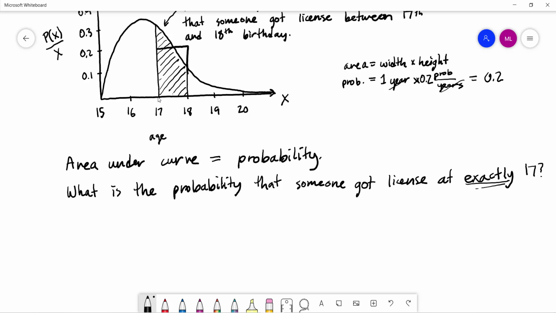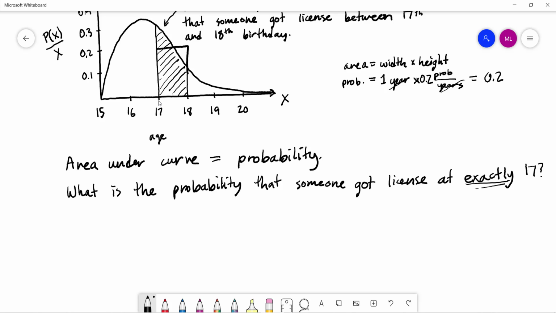Well, hopefully it's obvious that that probability should be pretty slim. It's not very likely. Sure, there are lots of people that got their driver's license sometime during the year that they were 17 years old. There are going to be a lot fewer that got it on their 17th birthday, sometime during that day. And there's going to be essentially nobody that got it the exact nanosecond that they turned 17.